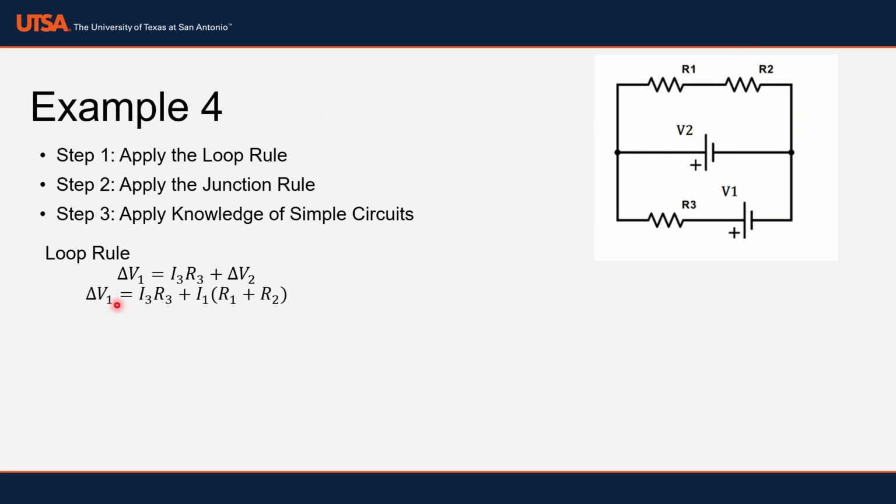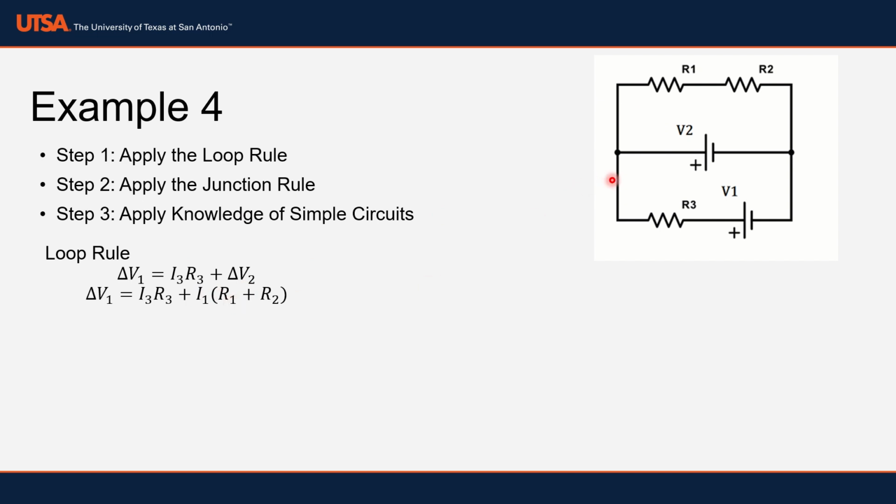So we're going to write it like this: delta V1 is equal to I3 times R3 plus I1 times (R1 plus R2). The reason we could do this, I just factored that I1 out, is because this is in series, so you could write I1 or I2 because I1 is equal to I2. So that's another equation that we could solve.